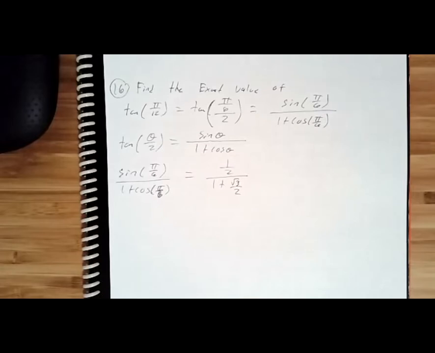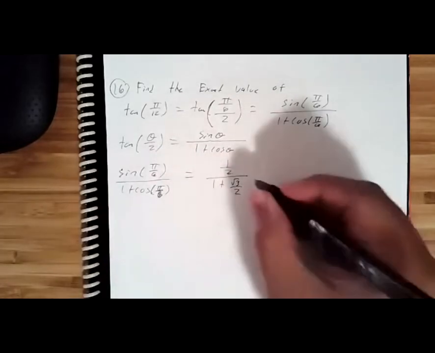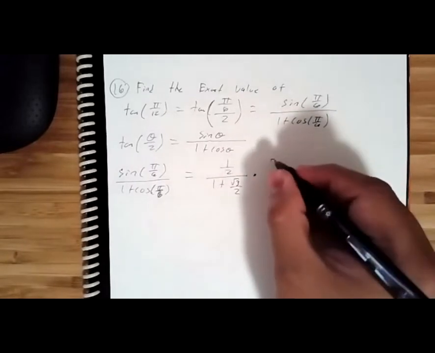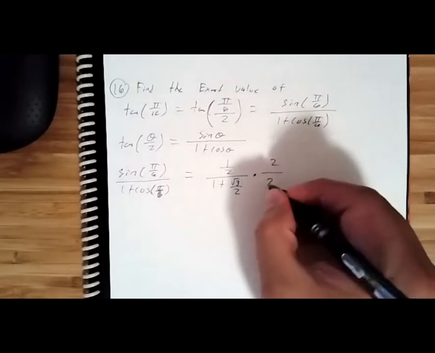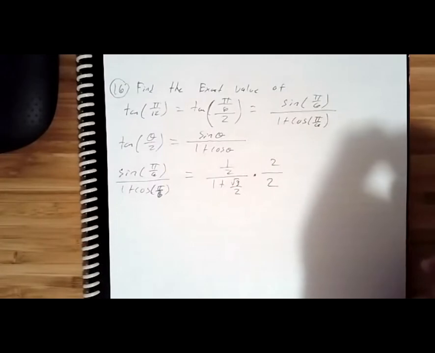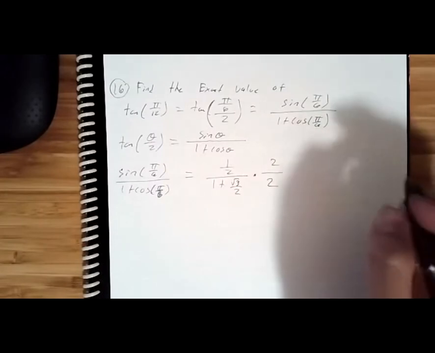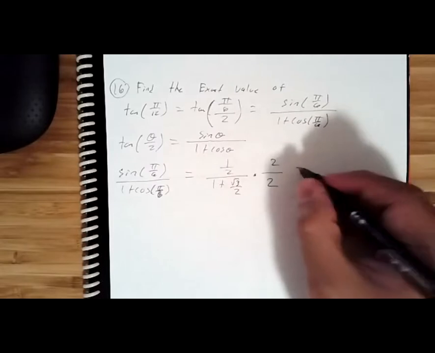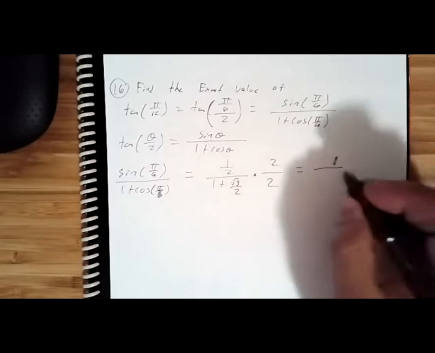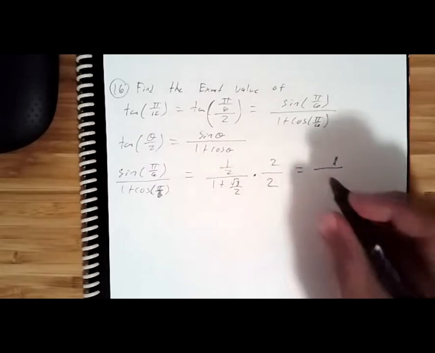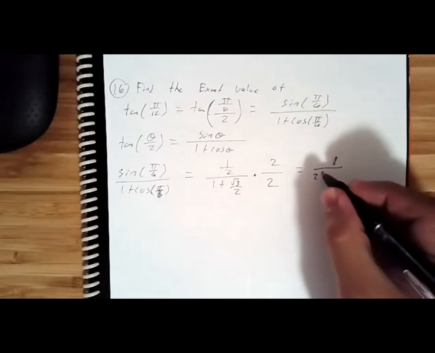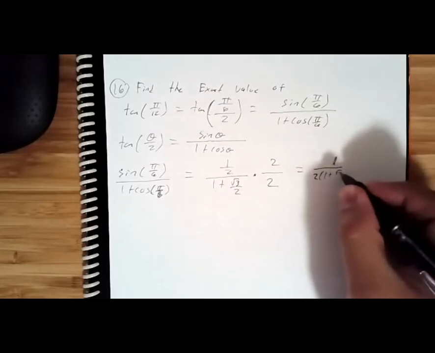Now we can use a technique to simplify this complex fraction, where we multiply the LCD on the top and bottom to cancel all the fractions. So 2 times a half on the top would be a 1.